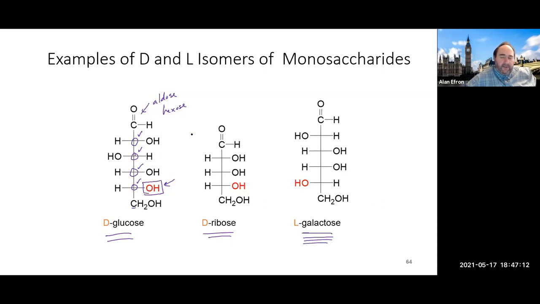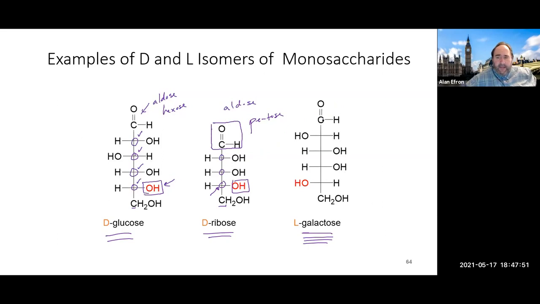Put a little star on this slide. You do need to be able to recognize the structures here. Not necessarily draw them, but if one is given to you, be able to recognize what it is. This is, again, an aldose because of the aldehyde group. It also has 1 carbon, 2, 3, 4, and 5 carbons, which means this is a pentose. The last chiral carbon has the OH group on the right-hand side, giving us D-ribose in this case.